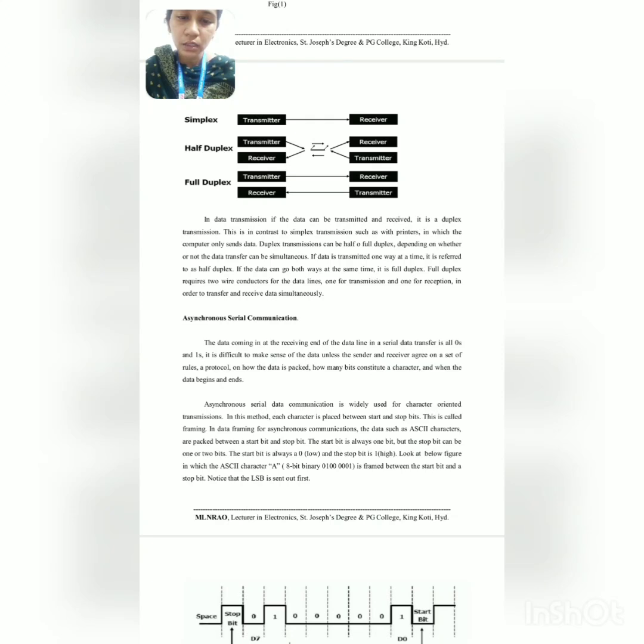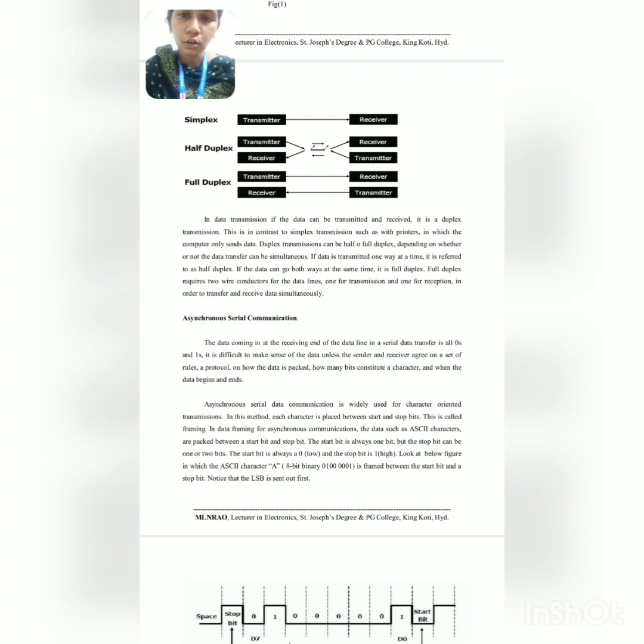In data framing of asynchronous communication, the data such as ASCII characters are packed between a start bit and a stop bit. The start bit is always one bit, but the stop bit can be one or two bits. The start bit is always 0, low, and the stop bit is high.